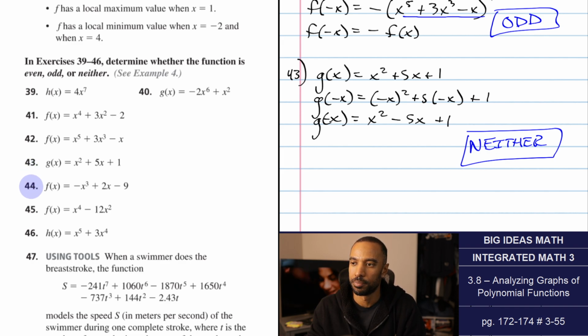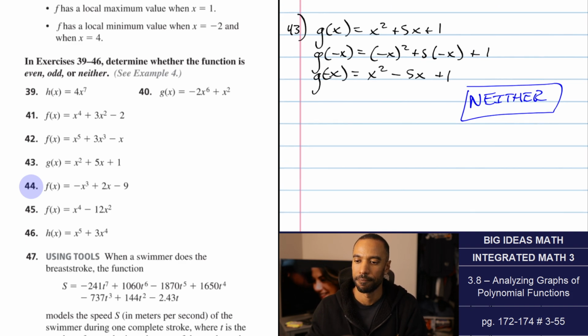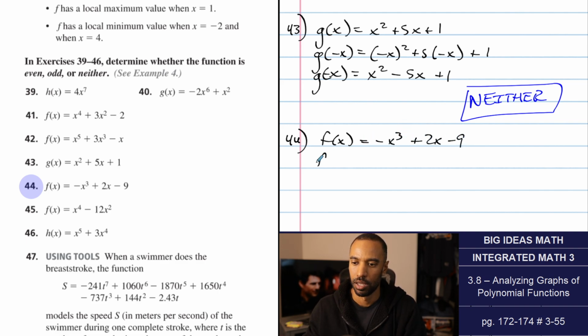Number 44. f of x equals negative x cubed plus 2x minus 9. When I substitute negative x into here, we get the opposite of negative x, which is cubed, plus 2 times negative x minus 9.